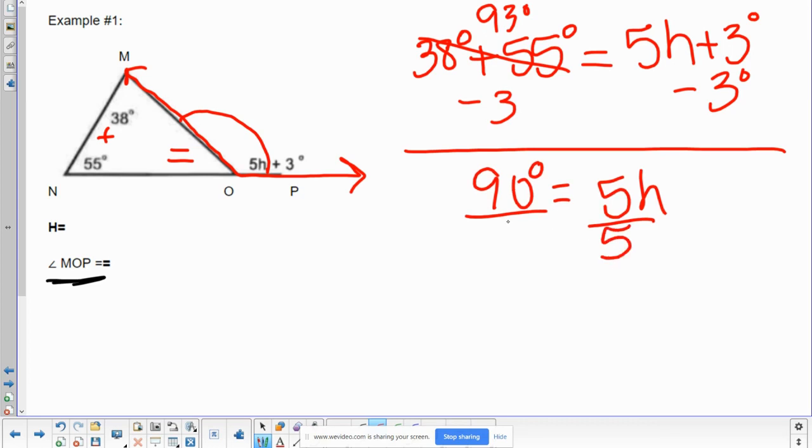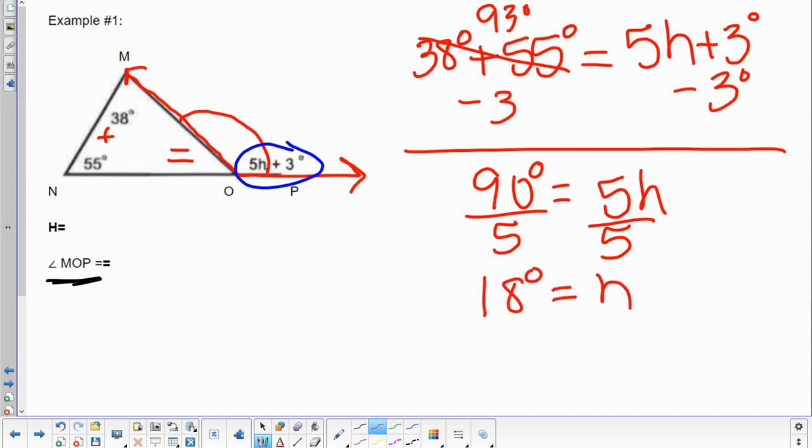Algebraically, we're going to divide by 5. 90 degrees divided by 5 is 18 degrees. So 1h is equivalent to 18 degrees. I'm going to put that over here. h is 18 degrees. Now going back to our equation, angle MOP, which is this angle again, right now is 5h plus 3.